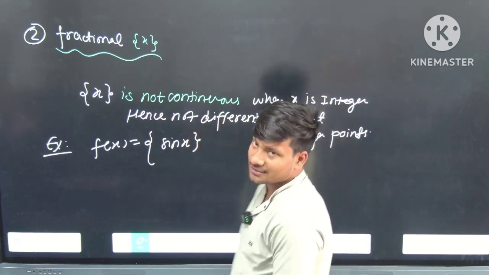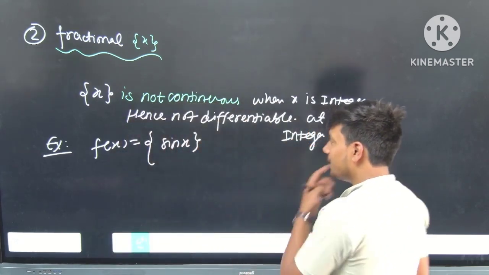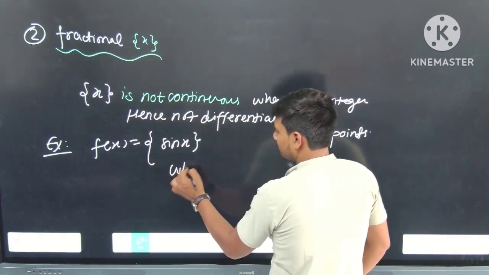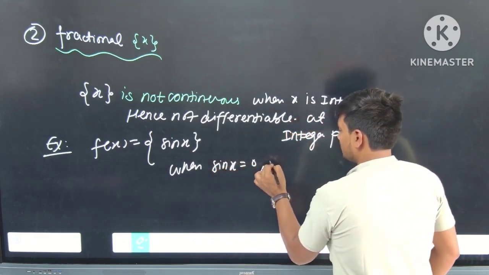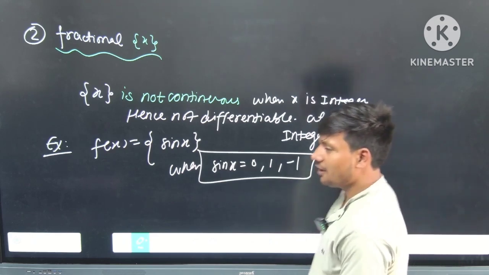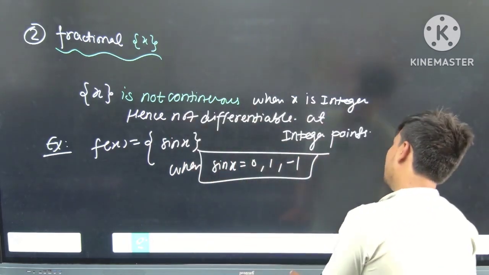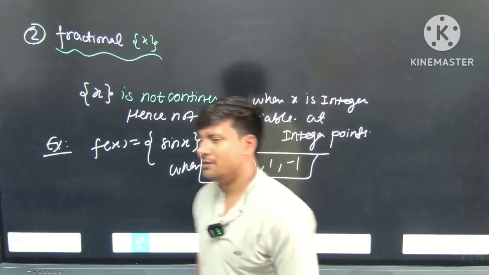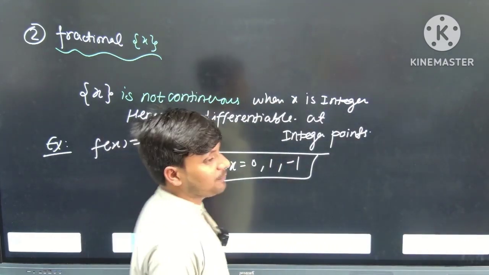We can see that sin x takes only 3 integer values, that is 0, +1 and -1. So when sin x equals 0, 1 and -1, this function will not be continuous and hence not differentiable. Okay, so this is very simple. We can check the differentiability of the fractional part of x.